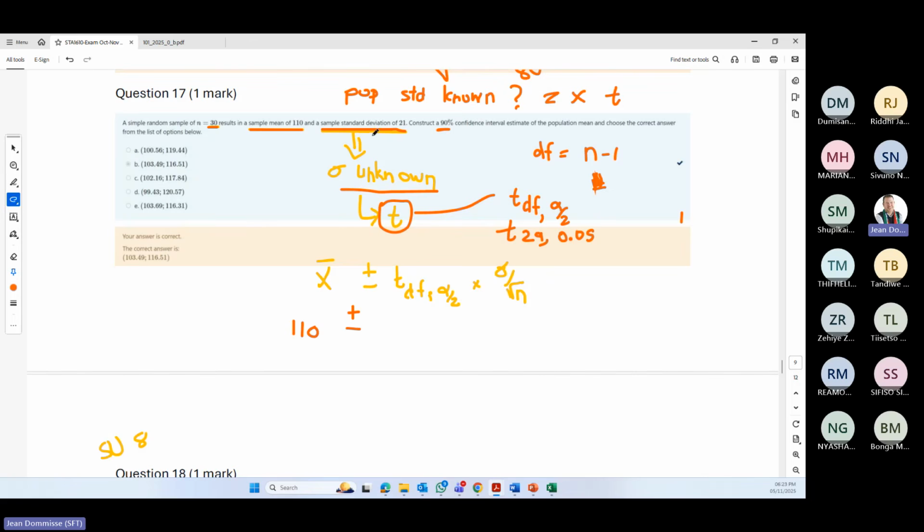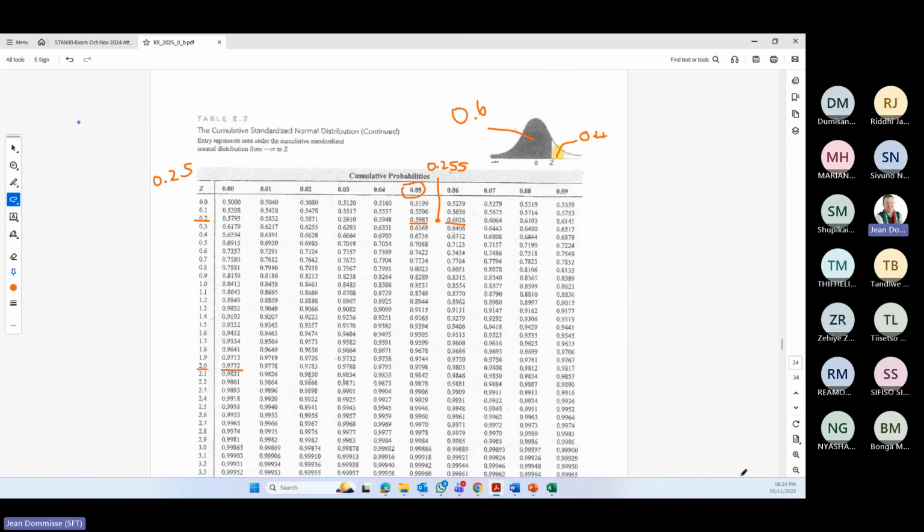The standard deviation is 21 divided by the sample, the sample of 50. And so that is what we are working out. We need to get the T. And so let's go back to this one.